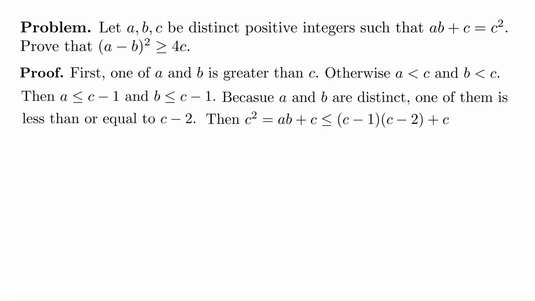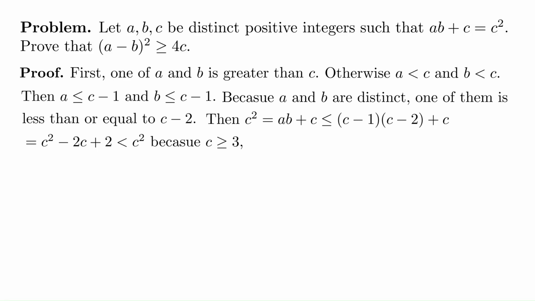Then c², by the condition, is equal to ab + c, which is less than or equal to (c − 1)(c − 2) + c. Simplify the terms, we get c² − 2c + 2, which has to be less than c², because c as a positive integer is greater than another two distinct integers.